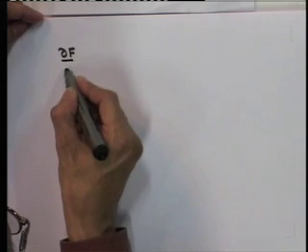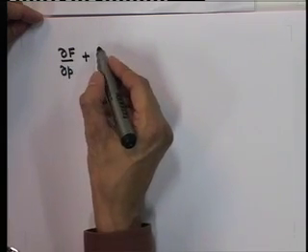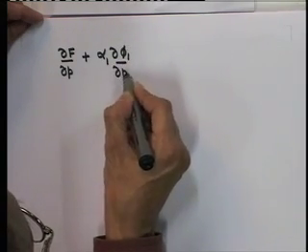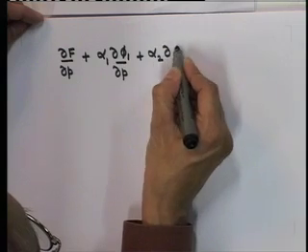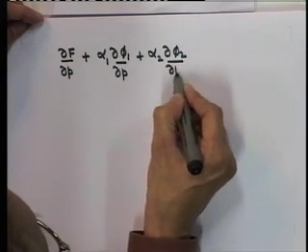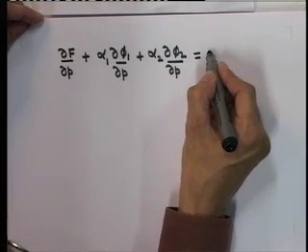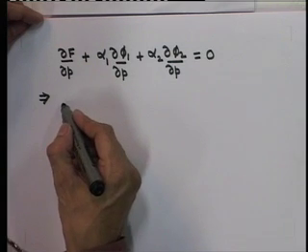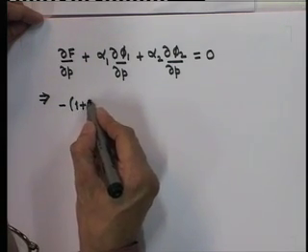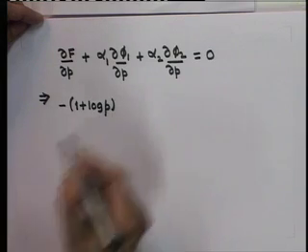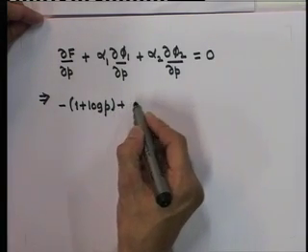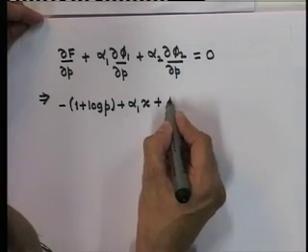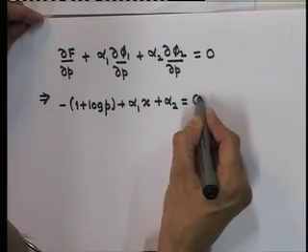Derivative of f plus alpha 1 d phi 1 by dp plus alpha 2 d phi 2 by dp is equal to 0, which implies minus 1 plus log p plus alpha 1 x plus alpha 2 is equal to 0.